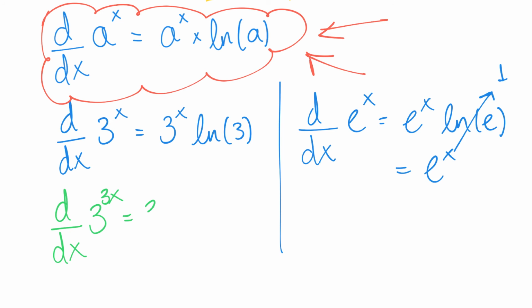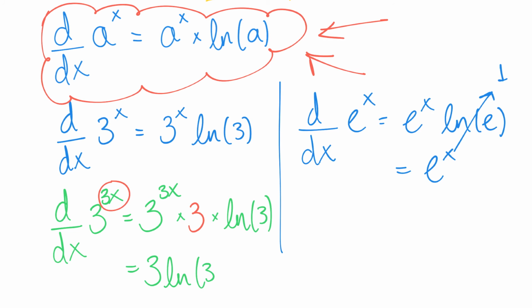You keep the exponential function times the internal derivative, because there's a 3x here, so you have to multiply that by 3, times the natural log of 3, because that comes from the equation. So we get 3 natural log of 3 times 3 to the 3x.